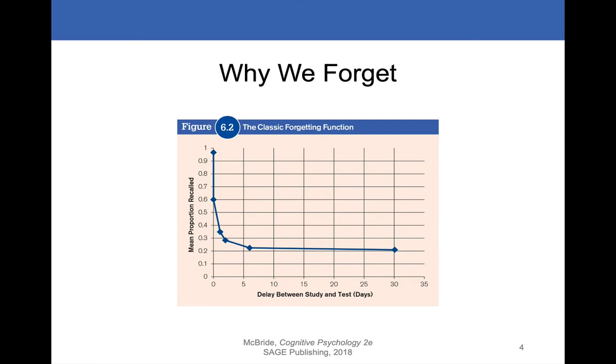Notice if I test you right away, you're able to remember anywhere from almost 100% to 60% of the list of words or nonsense syllables that I gave you. But look, by day 5, it looks like we're down to like 20%, and it sort of just stays there, where you can only remember 20% of what you learned. And this is Ebbinghaus's classic forgetting curve.